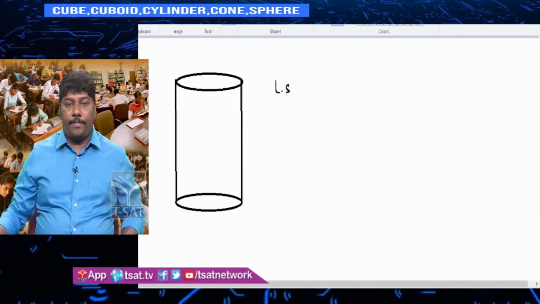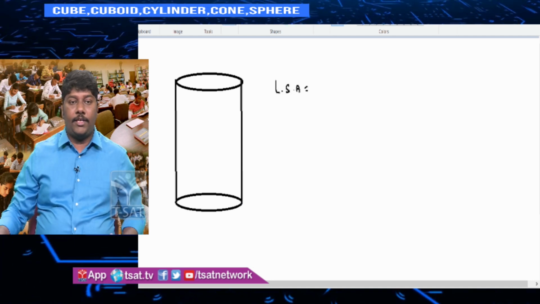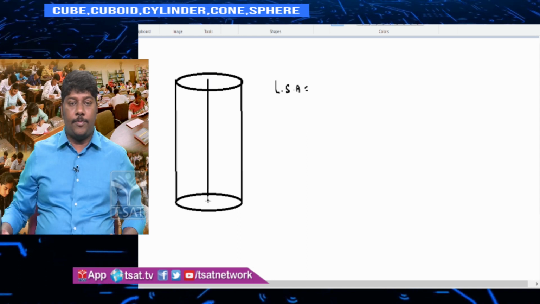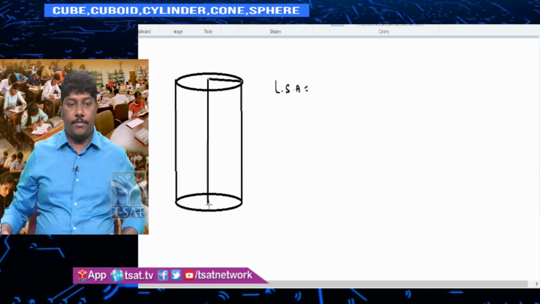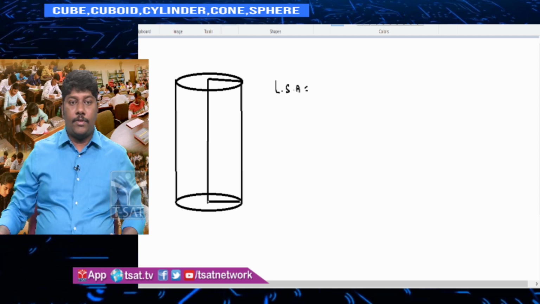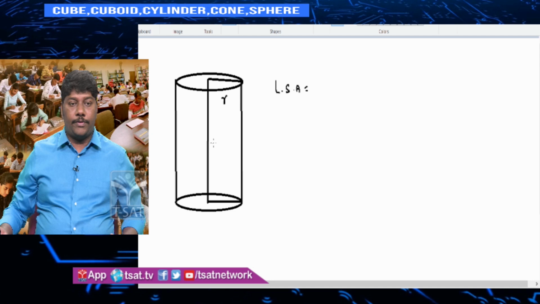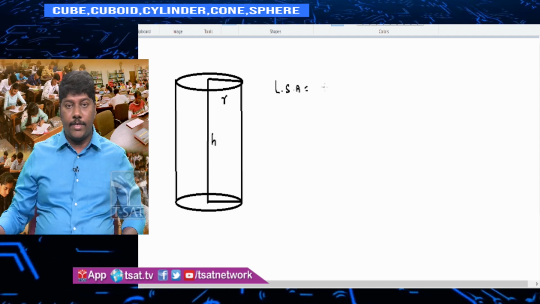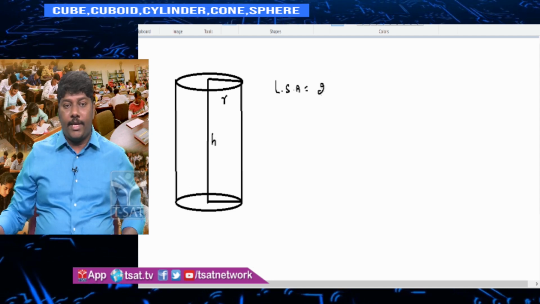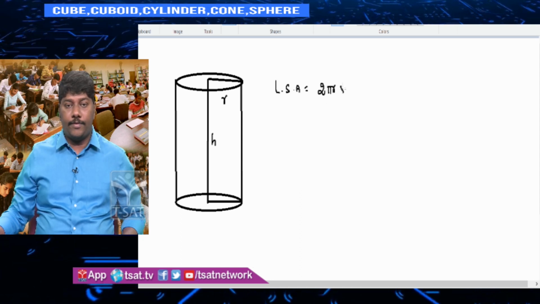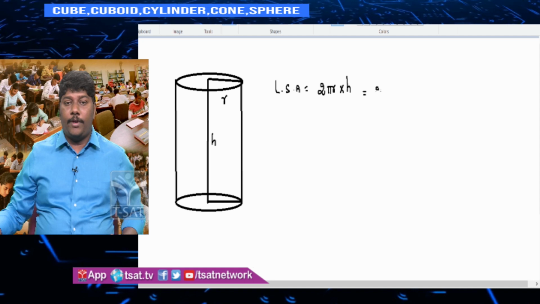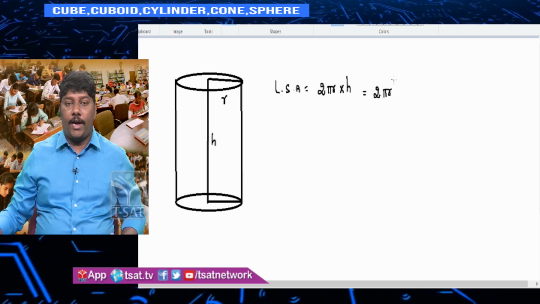If you connect these 2 centers, the distance between the 2 centers is height, and center to anywhere on the circle is radius. So, you only have two values, radius and height. Lateral surface area is base perimeter, and the base is a circle, therefore 2 pi r is the circumference of the circle, into h. So, lateral surface area is 2 pi r h.